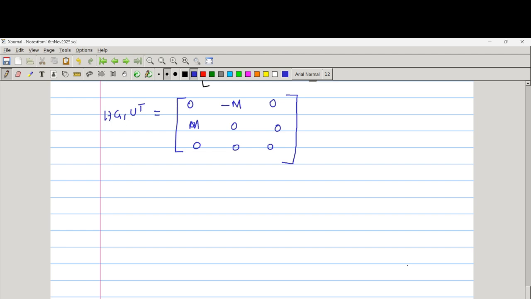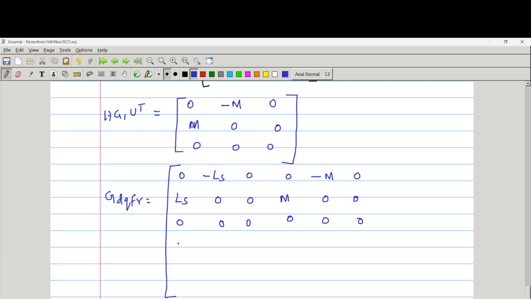When we do this, the final value GDQFR is nothing but 0 minus LS 0 0 minus M 0, then LS 0 0 M 0 0, then we will have the zero terms, all zero terms only, 0 0 0, then 0 0 0 0 0 0.